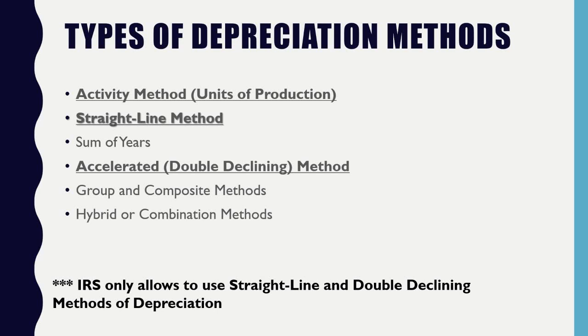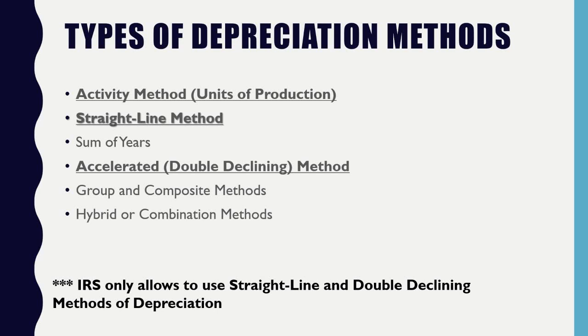Most often, especially if you're a major or bigger company, it's better to use the straight line and the double declining, because technically that is what's widely used amongst corporations. Now, again, we're not talking about corporations. We're talking about a sole proprietor.